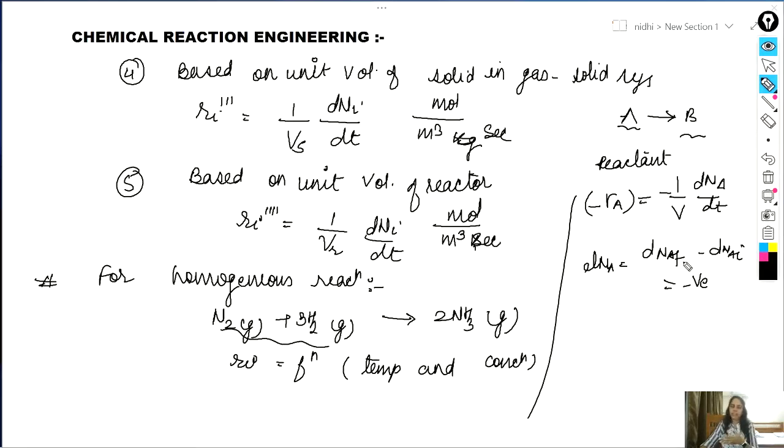During the reaction your reactants will convert into the product. So the unreacted reactant that remains would be lesser than the initial number of moles. So this always comes negative.